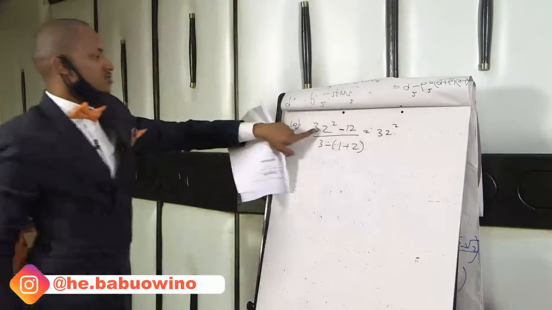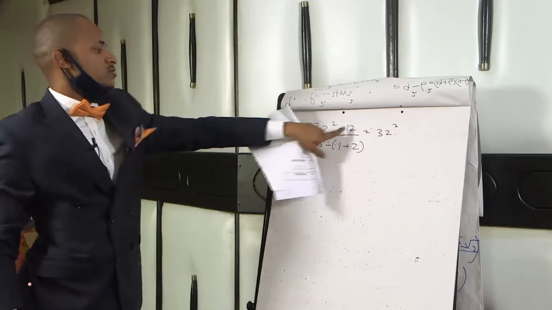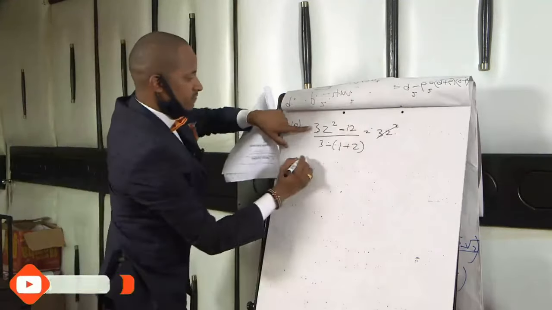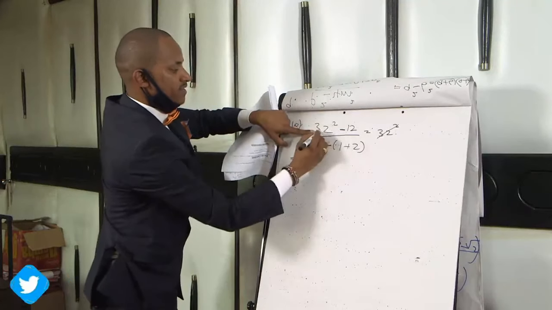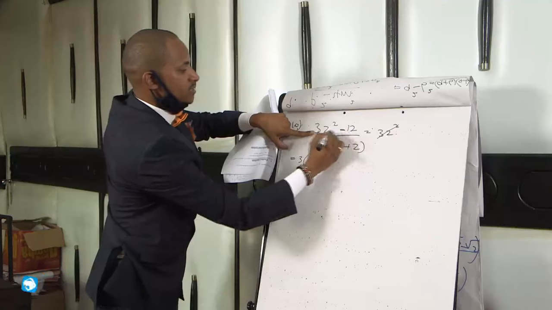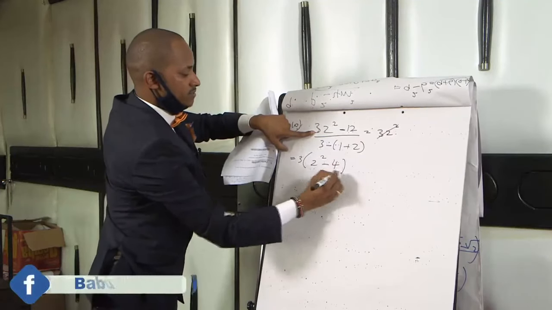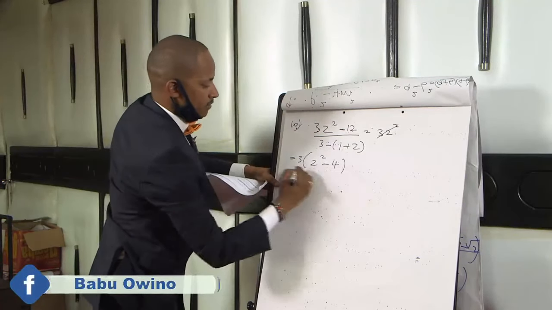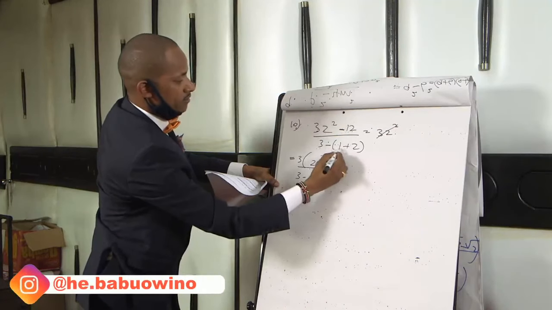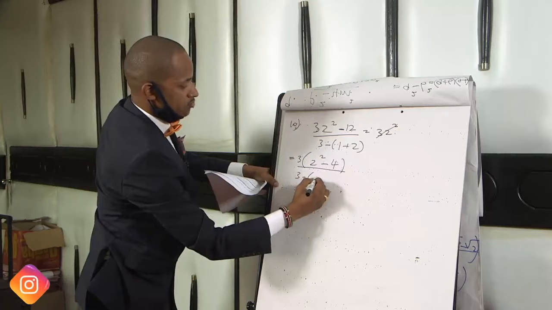What is common between 3 and 12 is 3. So you can simplify this by saying 3 into z squared minus, 3 goes into 12 4 times. Divide by 3 minus 1 plus z.